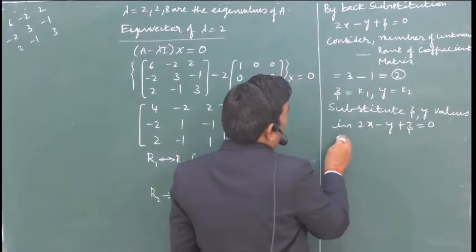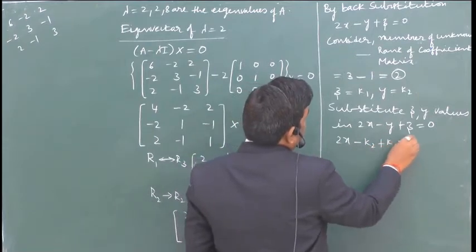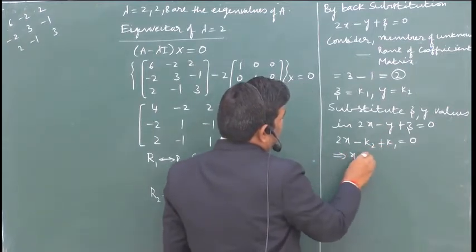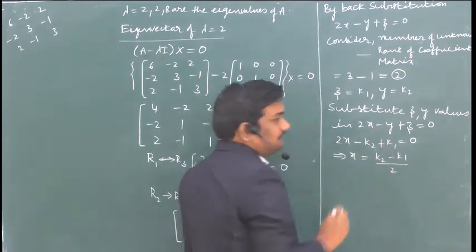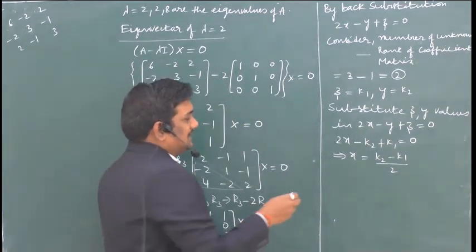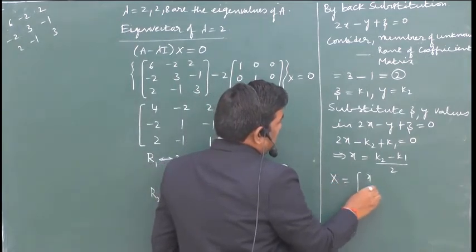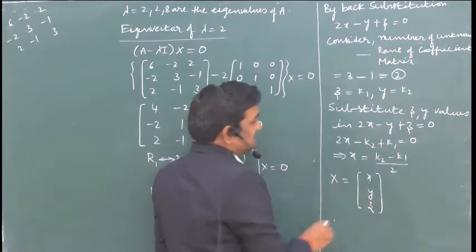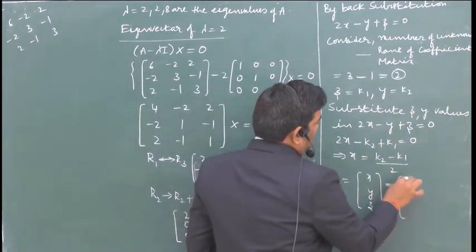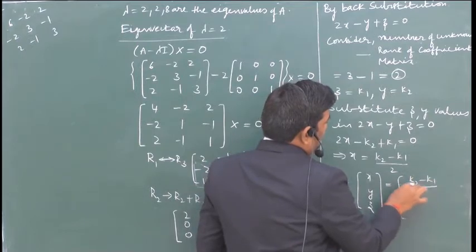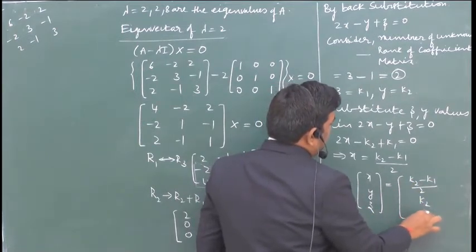So it will be 2x minus k2 plus k1 equals to 0. It will be x equals to (k2 minus k1) by 2. Okay. Now the final solution or the eigenvector will be capital X equals to xyz, that is (k2 minus k1) by 2, y is k2, z is k1.